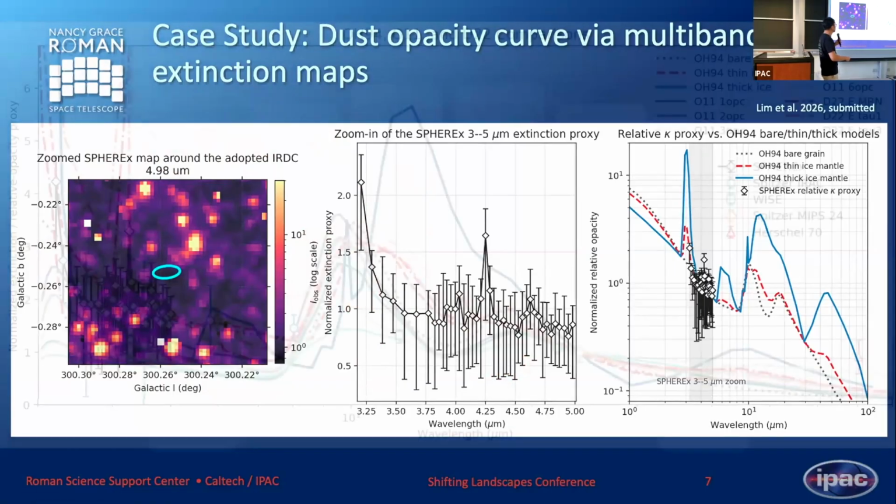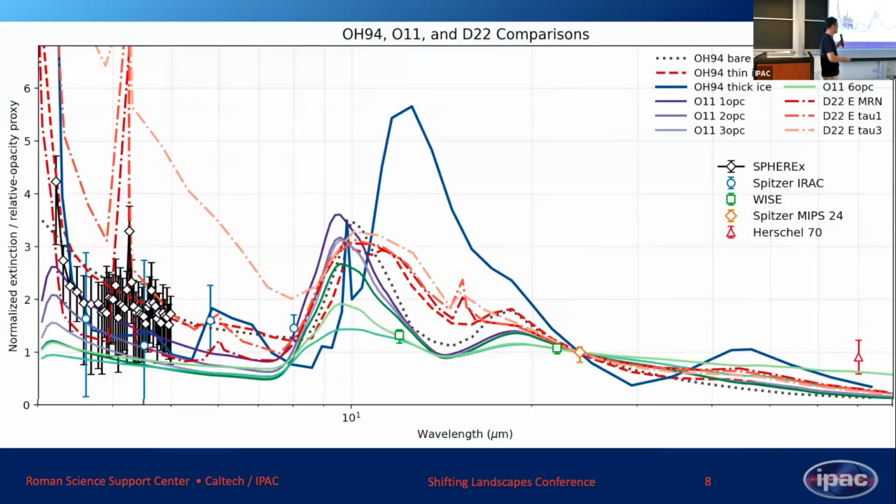extinction law. This is a little more of an example of how you can combine them with even longer wavelength data, like from Spitzer, WISE and also Herschel, and then compare them to the more complex dust models. For example, here in the 12 micron WISE data, it is showing that the observed data probably does not follow these ice mantle models for this specific location.